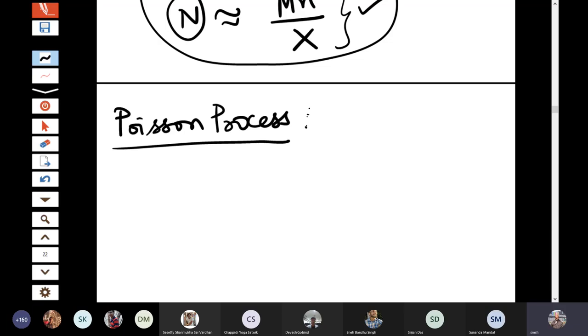So how many vehicles cross you during say 1 minute period, or during 30 seconds period, or during 2 minute period? Suppose you are waiting at a say booking counter, some sort of ticket counter, then how much time you have to wait? That means how many people are there in front of you who will take the ticket before you.